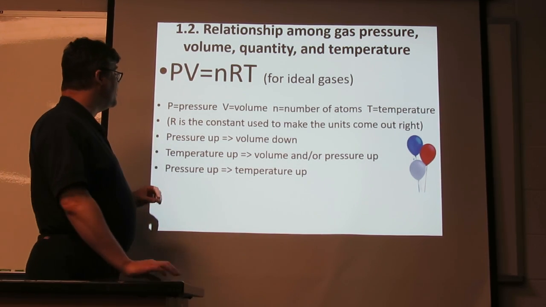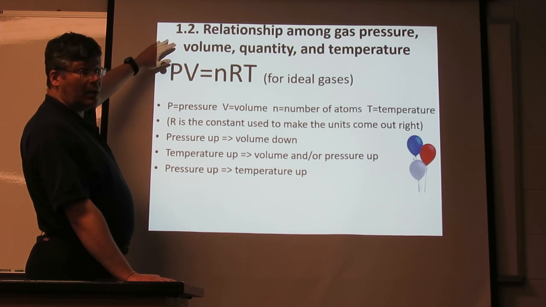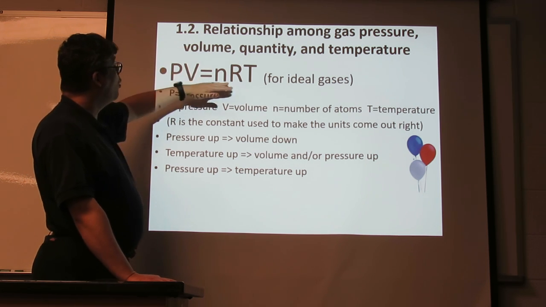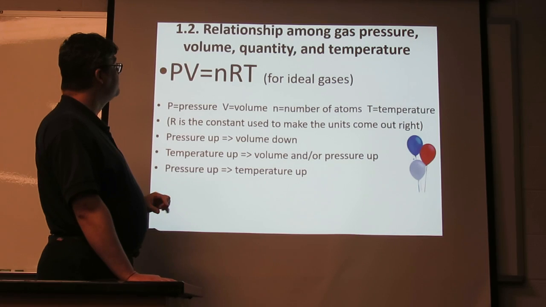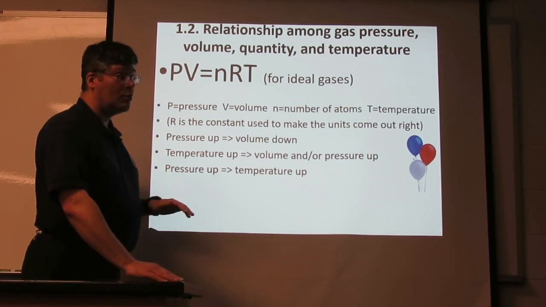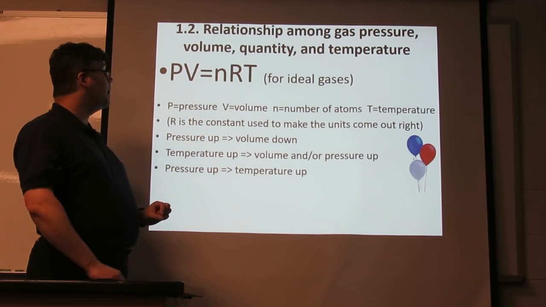And so what this tells us is if something here, say if pressure goes up, we need either volume to go down or something on this side to go up. So two things on the same side of the equals will tend to go opposite each other, inversely related.